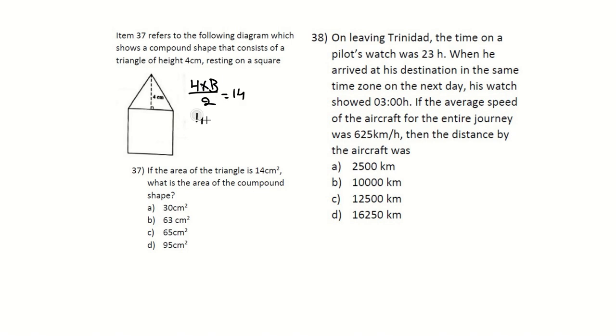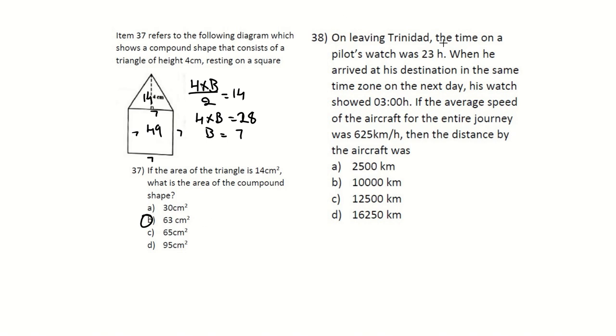So that's 4 multiplied by base is equal to 14 times 2, which is 28. My base is going to be 7. 28 divided by 4 is in fact 7. So this is 7, this is 7, this is 7, this is 7. The area of the compound shape: this is 14, and 7 by 7 is 49. 49 plus 14, it has to end in 3, so it's 63.